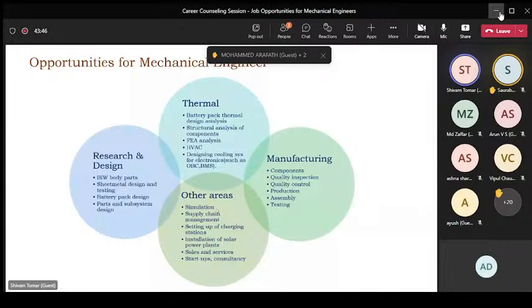Supply chain management. We can say this is the backbone of any industry. Suppose you are working in a manufacturing plant, and a few months back we already saw that the world was facing a shortage of silicon chips, right?